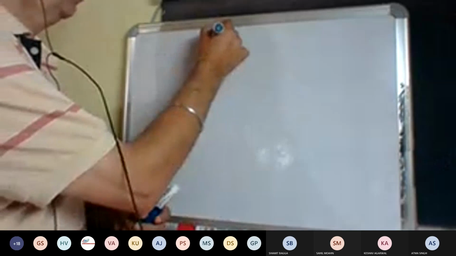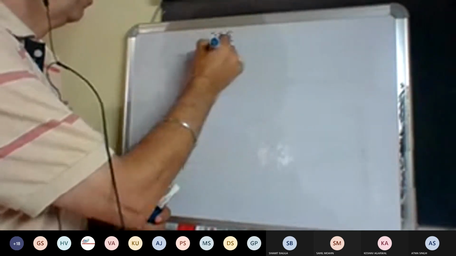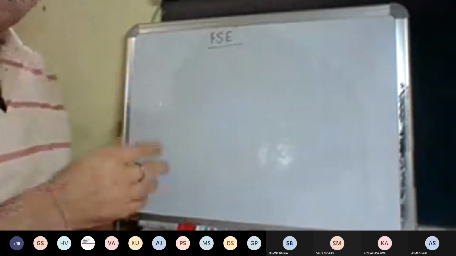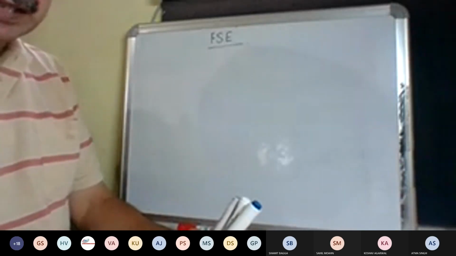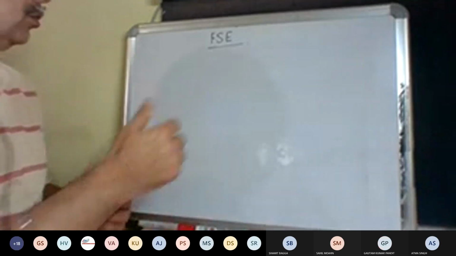The next topic that we are coming on to is free surface effect. Free surface effect, as we all know, is due to a slack tank.